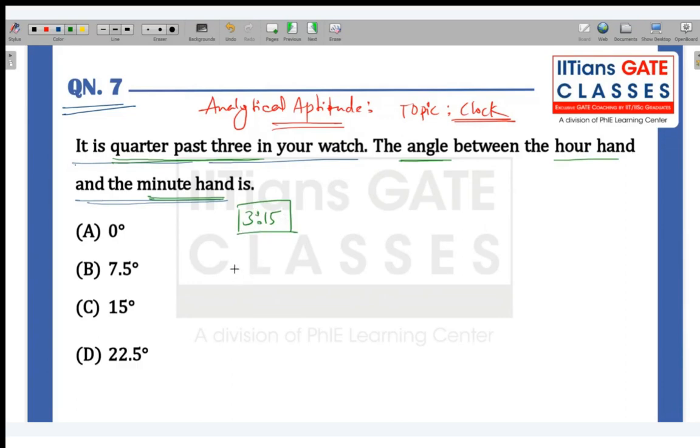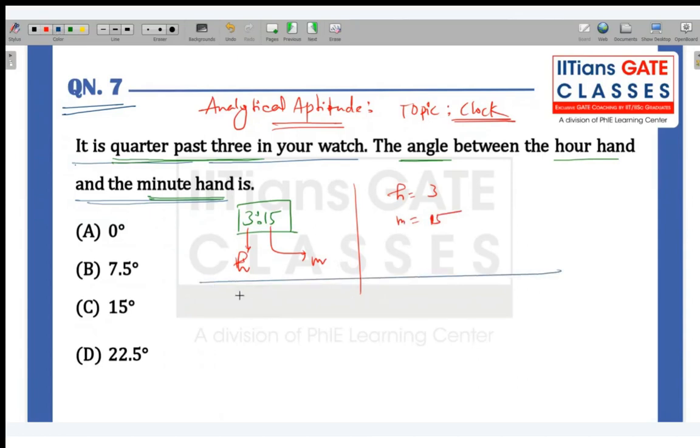Here the 3 denotes the hour, H, and the 15 denotes the minute, M. So here H is given as 3 and M is given as 15. You can use the formula, and remember this formula for your exam so that you can solve this question in a second.